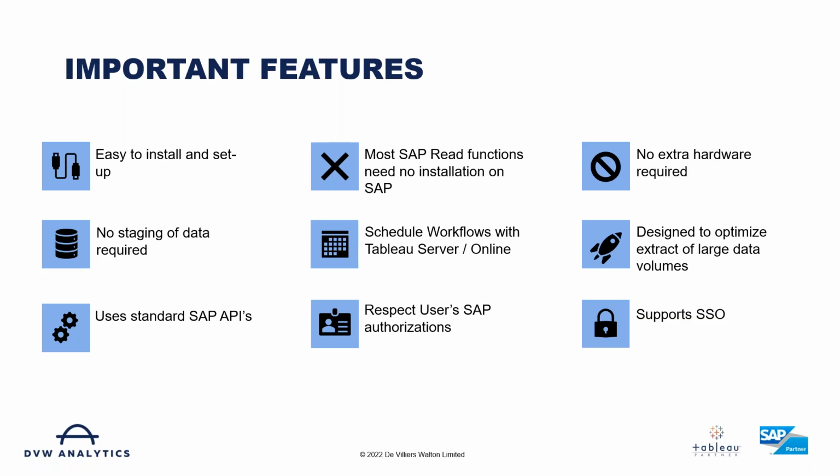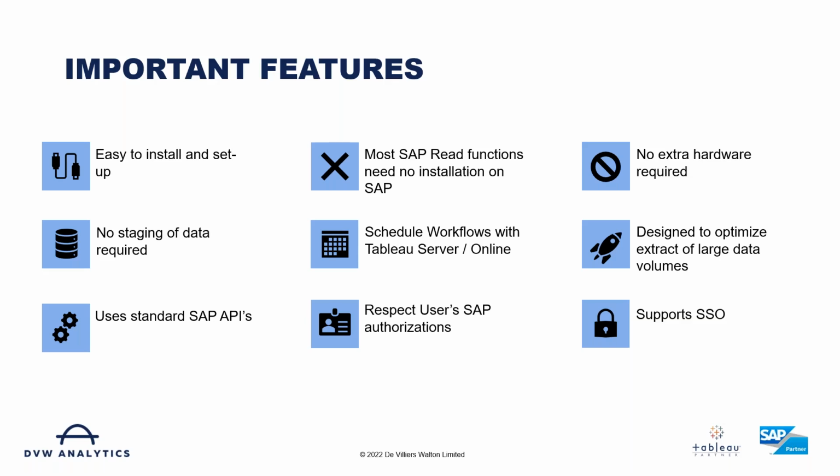The reason we go via this application layer is at least two or threefold. Firstly, when a user makes a call back into SAP, as per GUI, they need to have a logon. So a username and password, single sign-on is possible, but they need to have that user on the SAP system.